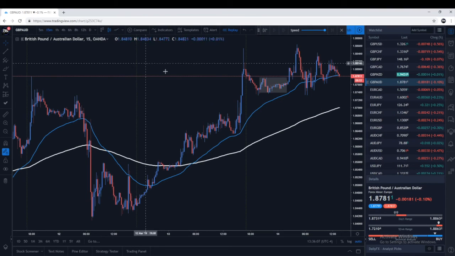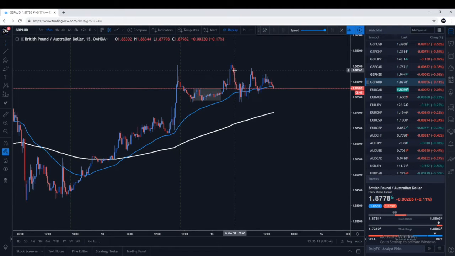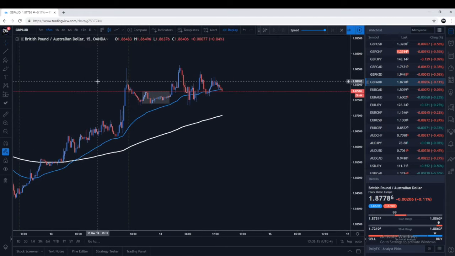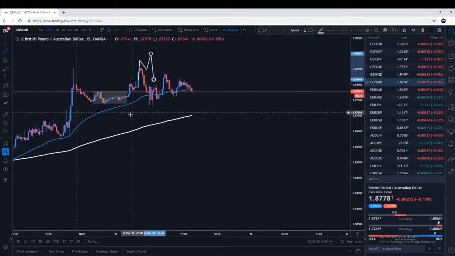If you're just looking at it on a 15-minute chart, you might have missed it, right? You might not have seen what you would want to see, which is basically an M here, right? So you might have missed that.